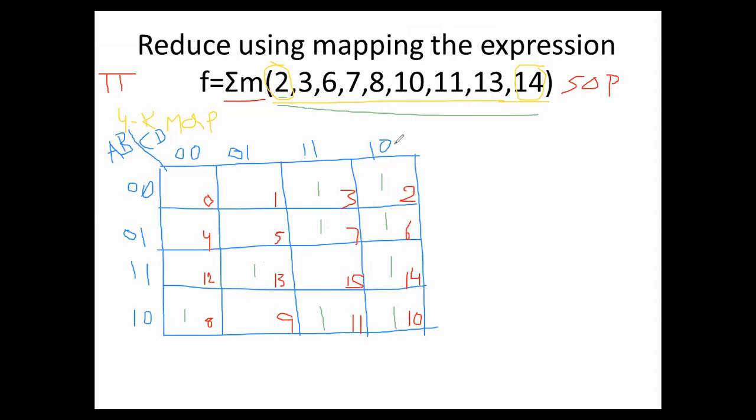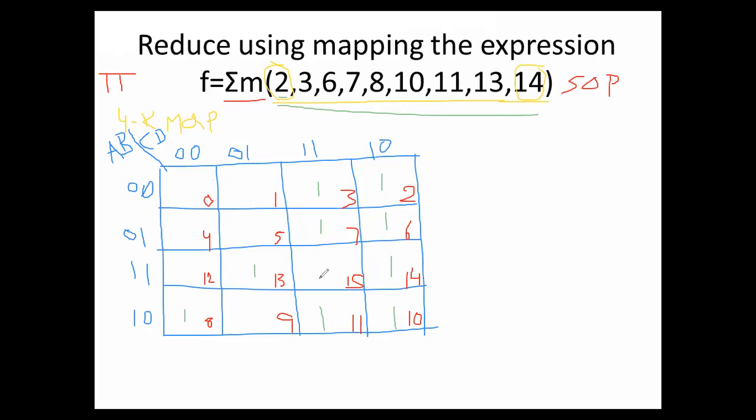Completed. Now we are trying to group all the adjacent ones. Here the maximum number of cells is 16. Is there any possibility to group 16 ones? No, because here ones are not there.